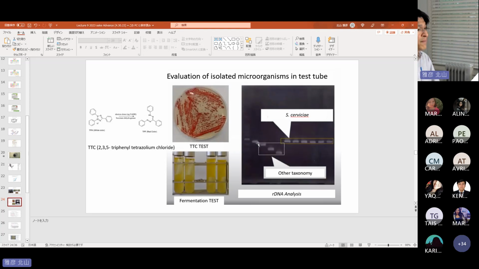They gave up on them, even though these strains showed high fermentation activity to produce alcohol. But they kept only the yeast strains showing high activity to produce alcohol and identified as Saccharomyces cerevisiae. So they kept these strains.